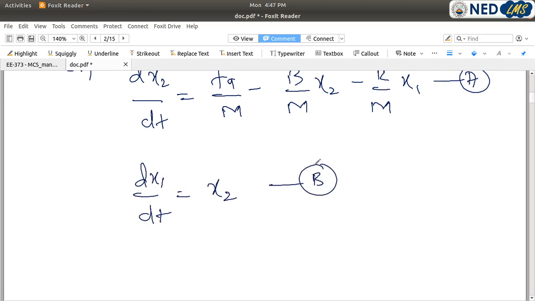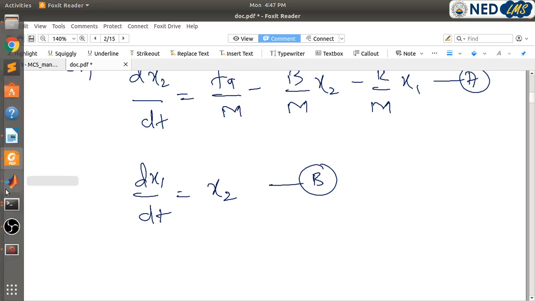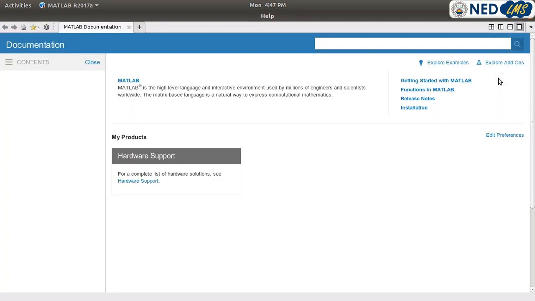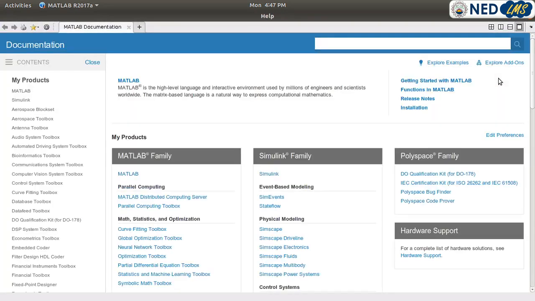Now we will solve these state equations in a similar way as we did in the previous case. Now we will look in the documentation of ODE45 for how we can solve two simultaneous first order differential equations, also known as state equations.